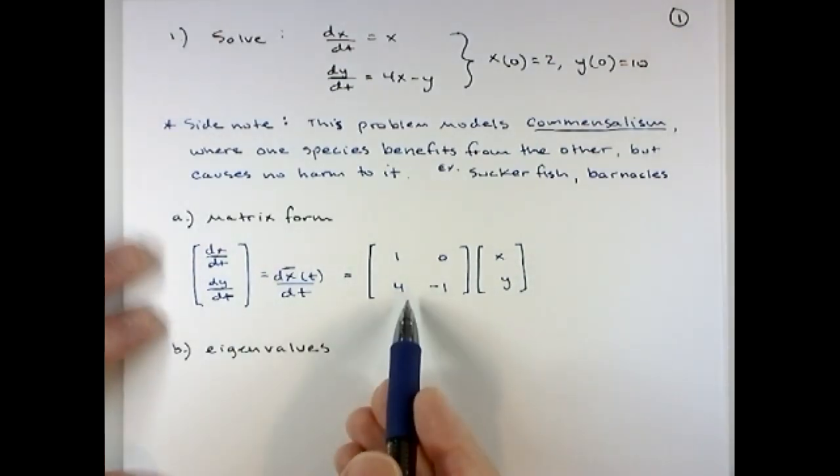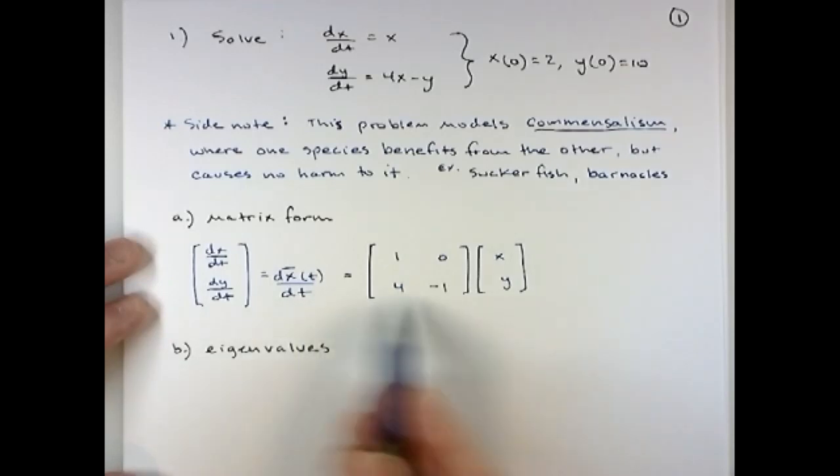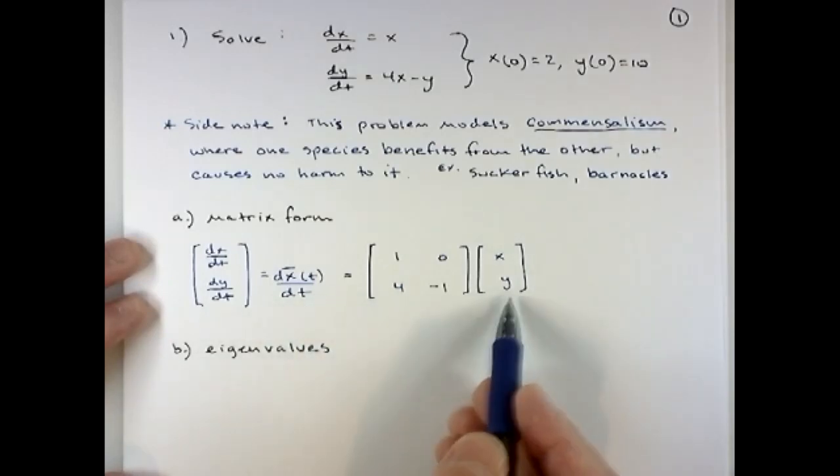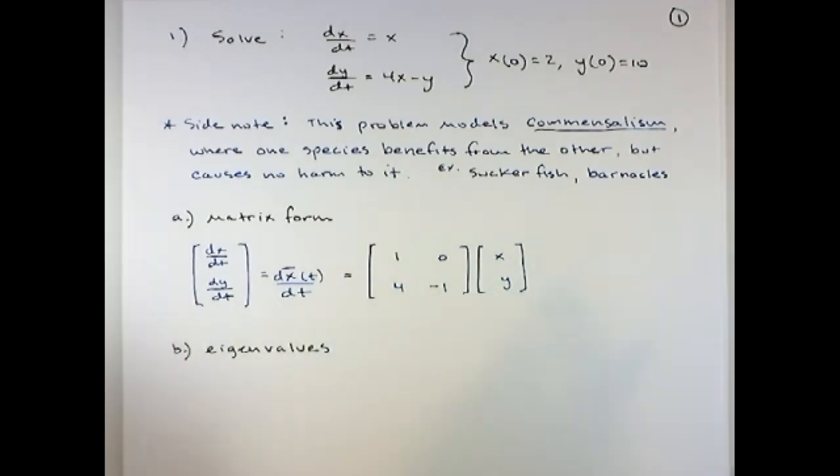Recall this had the form of A times x, and we know the solution. We talked about the solution last time. We know we need the eigenvalues and the eigenvectors.